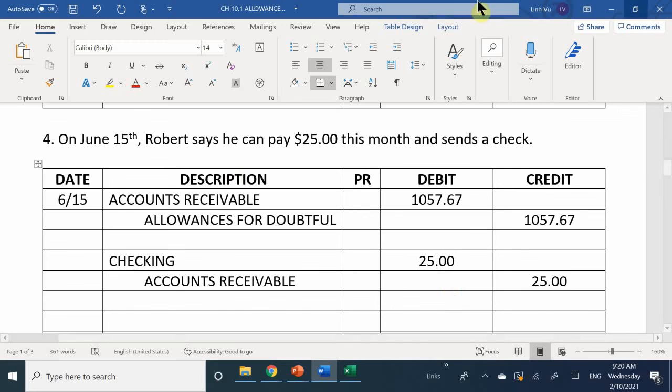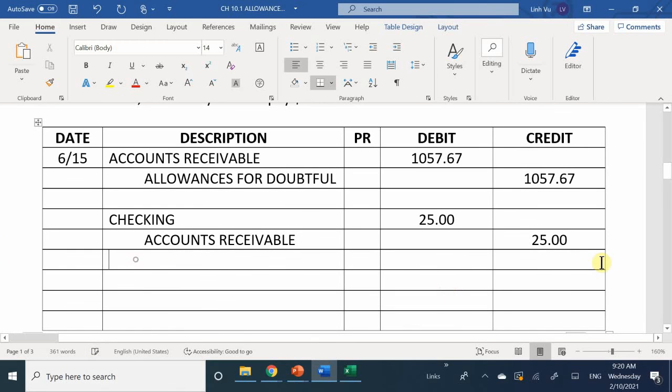Okay, $25. All right, and in this case, payment from Robert.